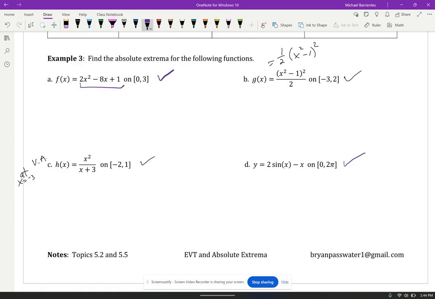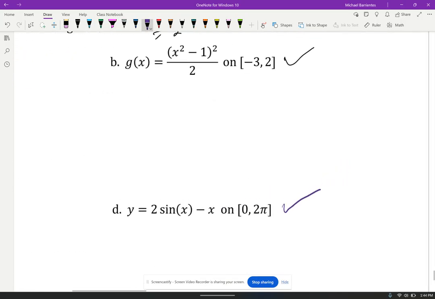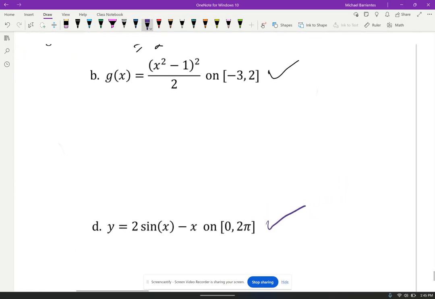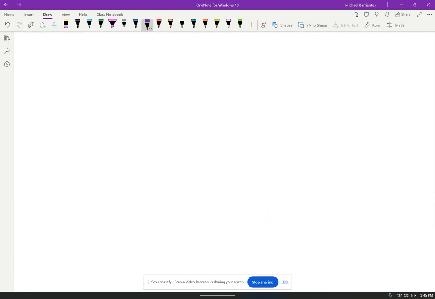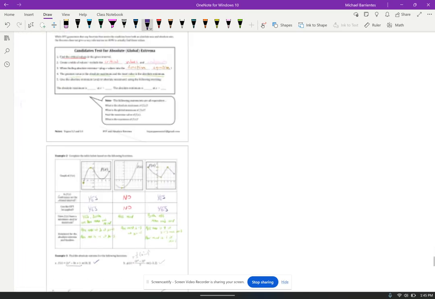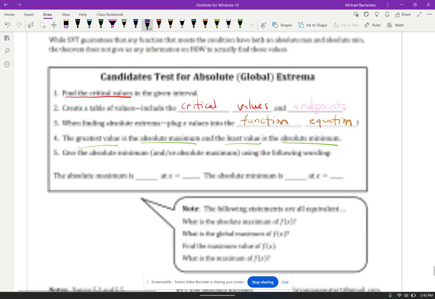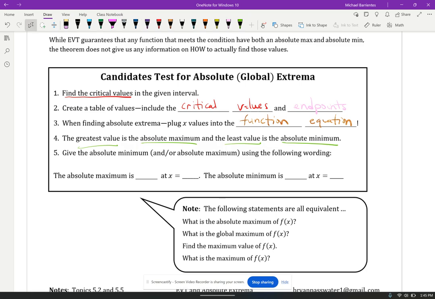And I'm actually going to do B and C. I feel like A might be a little bit too easy. So let's look at B. If you don't remember the steps, we said we're going to need to find critical values. So we're going to find the derivative and see where the derivative is equal to 0 or undefined.